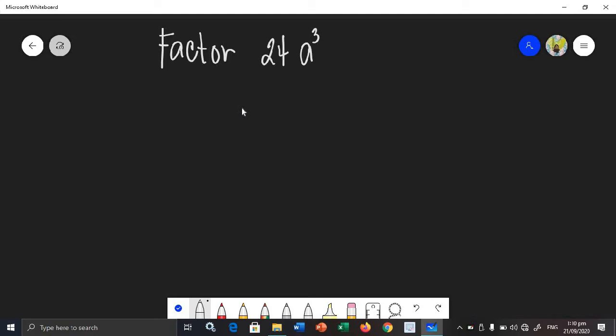First of all, in monomials, as you can see, we have numbers, which is 24, and we have variables, or the letters, which is a cube. To factor monomials, we will first factor the number. So let's first factor 24.